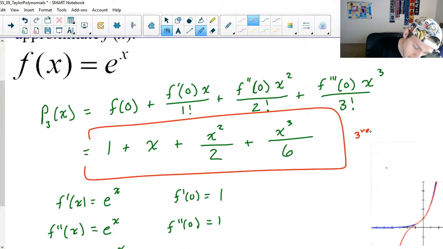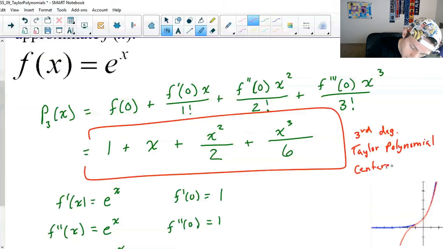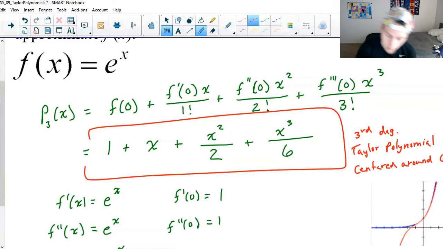So this is the third degree Taylor polynomial centered around 0.